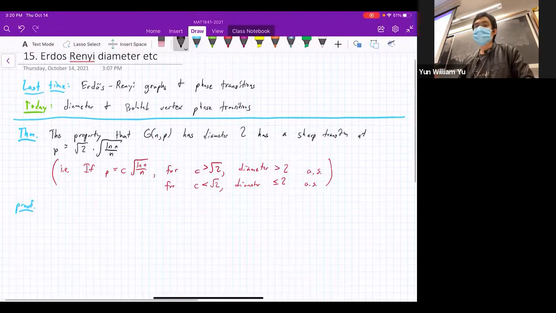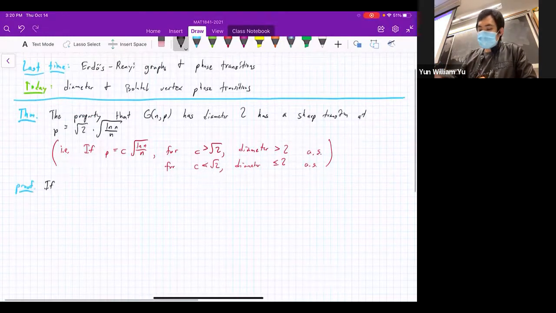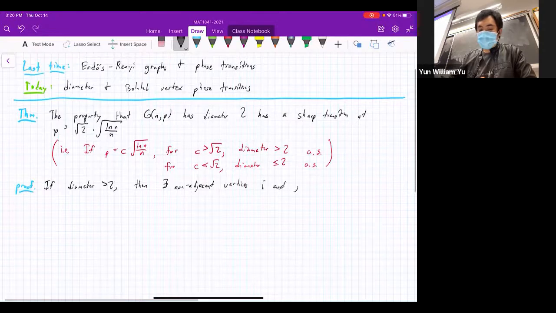So let's formalize that intuition a little bit more. If the diameter is greater than 2, then there must exist non-adjacent vertices i and j, such that no other vertex is adjacent to both i and j.